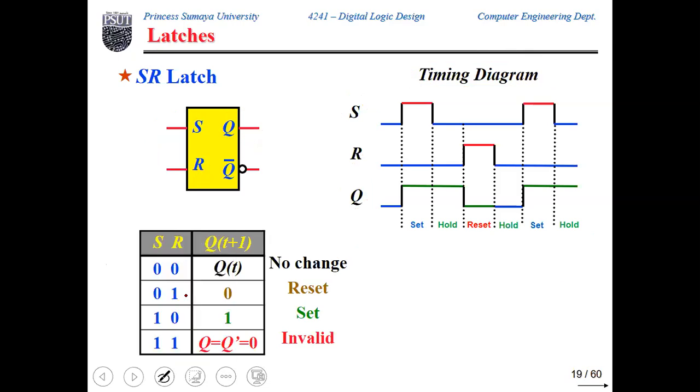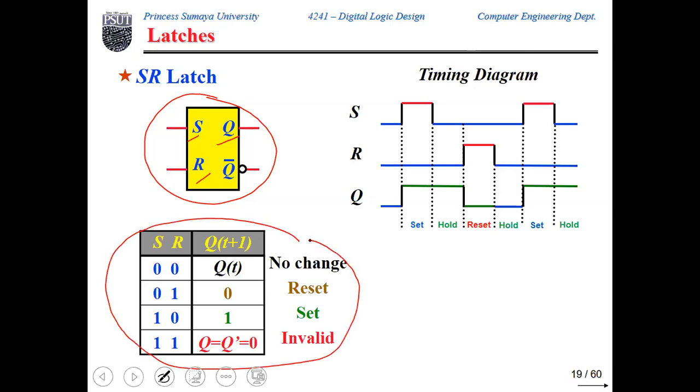So if we look here, we have an SR latch and we want to study what happens to the stored value Q when we change S and R, given that we know the behavior of the latch, or how the latch operates. So we know that S0, R0 means hold or no change, 0, 1 implies reset, and so on.